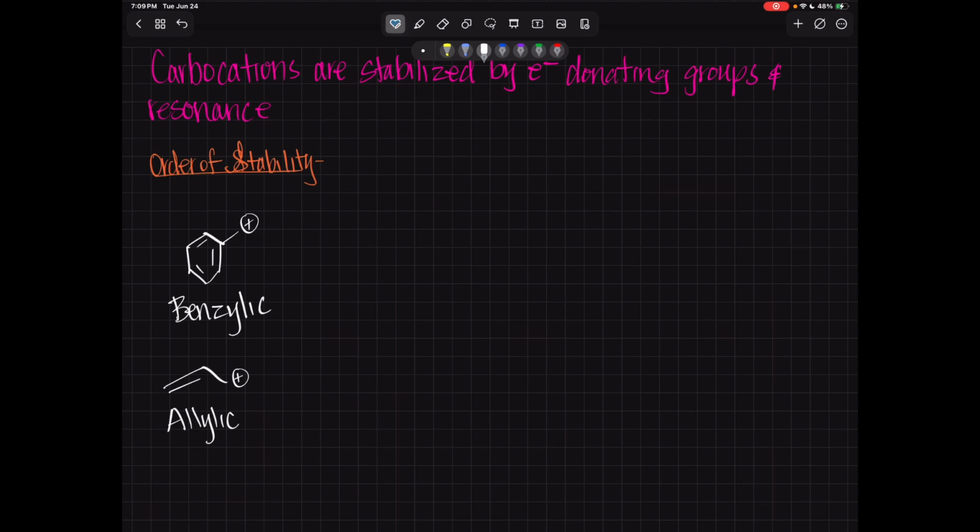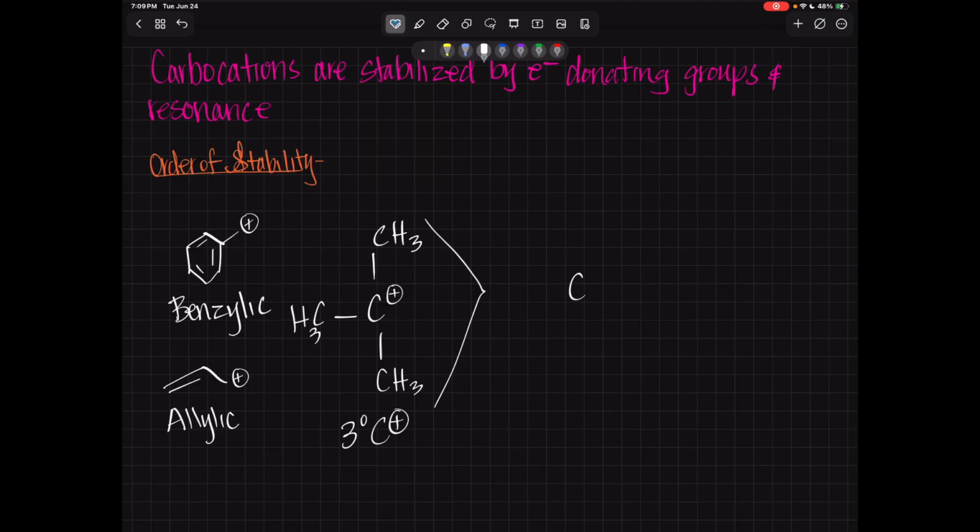You're also going to have a tertiary carbocation. And these are all going to be more stable than a secondary carbocation. Which are all more stable than a primary carbocation.